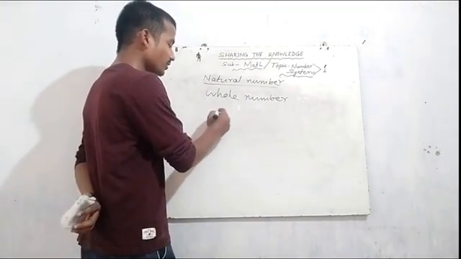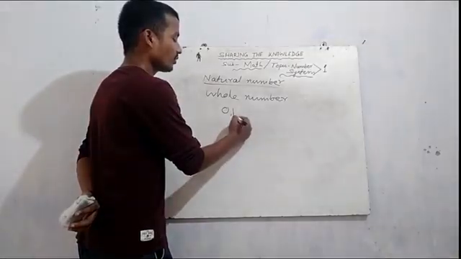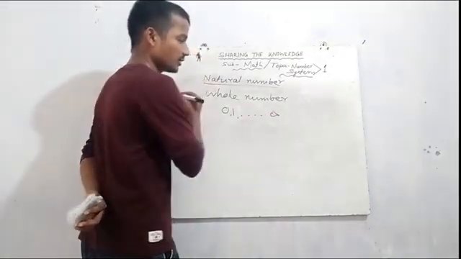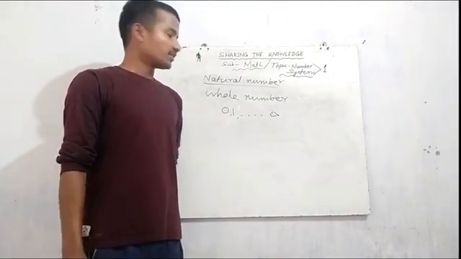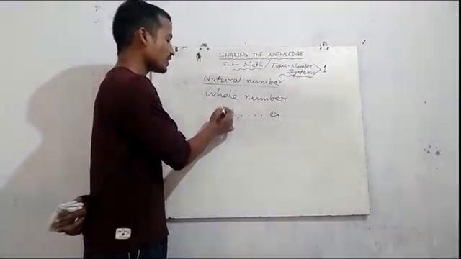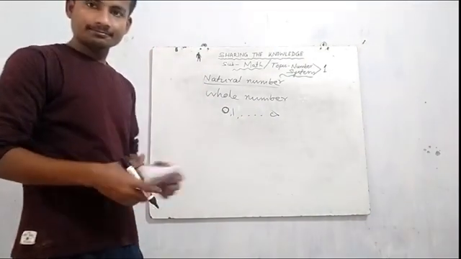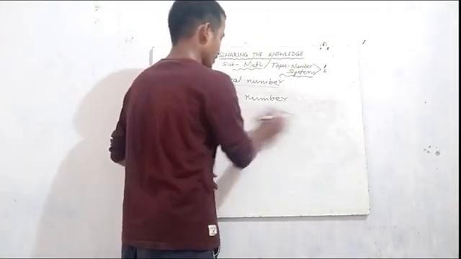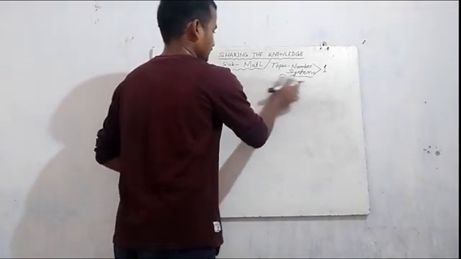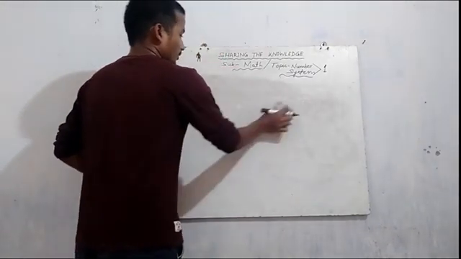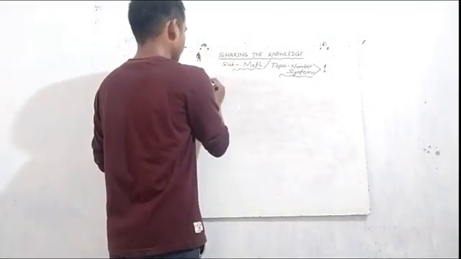Starting from 1 including 0 is called whole number. Understand? Only here in whole numbers, 0 gets added. Okay, understand? Very good. Okay, natural number, whole number, then comes integer.